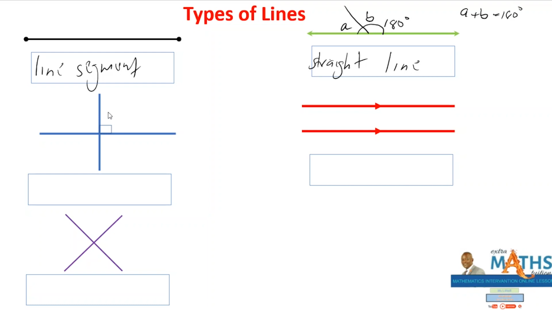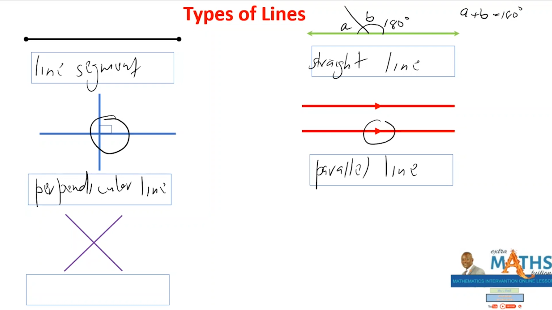And we have perpendicular lines, which are denoted by this symbol. And we have parallel lines. We'll be dealing with these lines. They are very important and are denoted by these two arrows. These two arrows are very important. And lastly, but not least, we have intersecting lines.